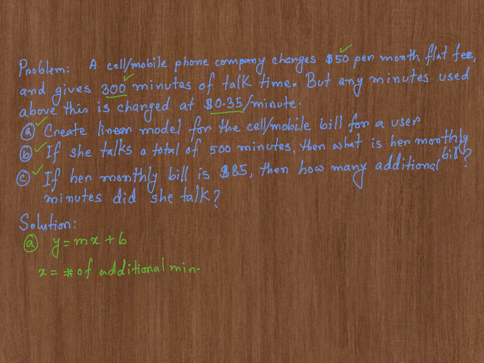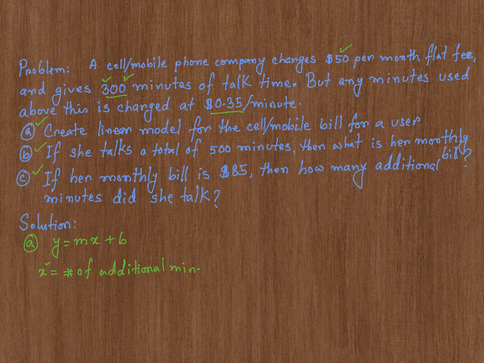So if she talks for 500 minutes, her additional minutes would be 200. In that case, x is going to be 200. If she talks for 700 minutes, her additional minutes is going to be 700 minus the allowed 300, which is 400. In that case, x is going to be 400. So please clarify this thing.